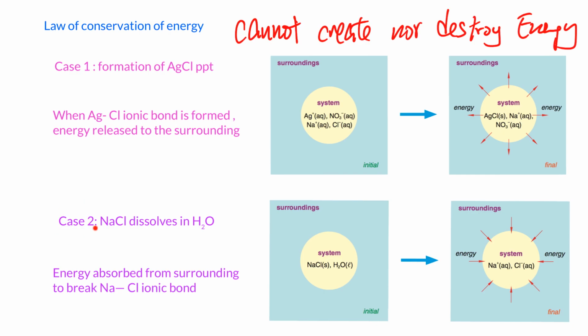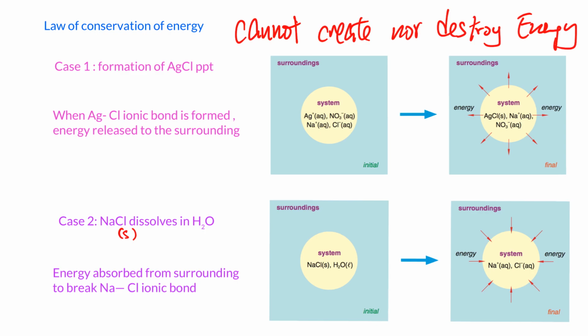While in case 2, we dissolve solid sodium chloride. When we put the solid into the water, the sodium chloride breaks down into two ions, sodium ion and chloride ion. In this case, energy is taken up from the surroundings. Where is the energy coming from? It is coming from the surroundings to break the sodium chloride ionic bond.